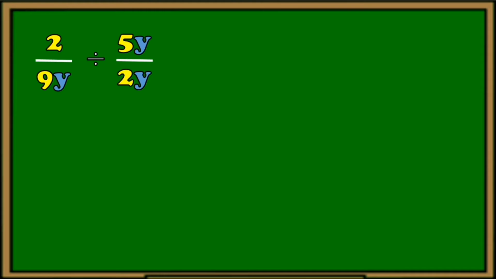Let's try another example. 2 over 9y divided by 5y over 2y. We're going to copy 2 over 9y first. And let's change the operation to multiplication and get the reciprocal of 5y over 2y.